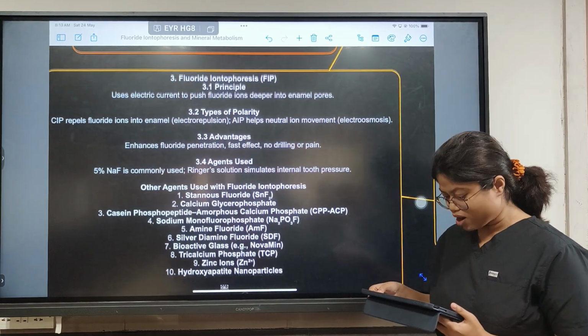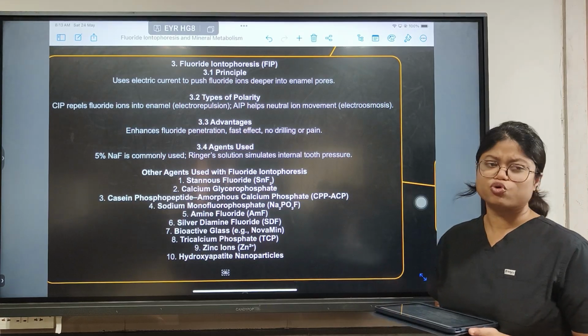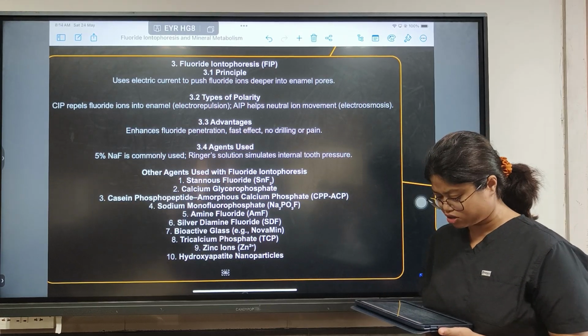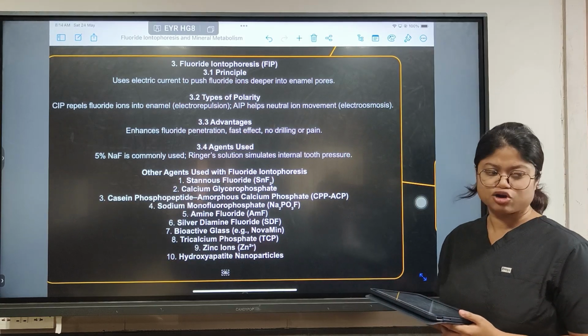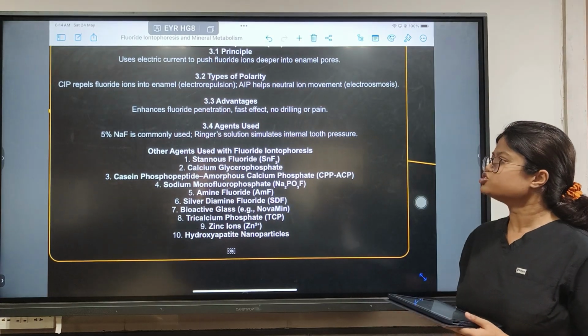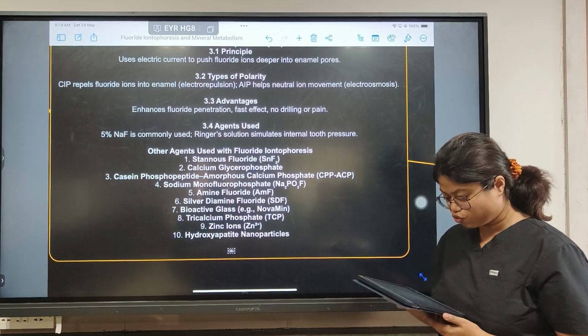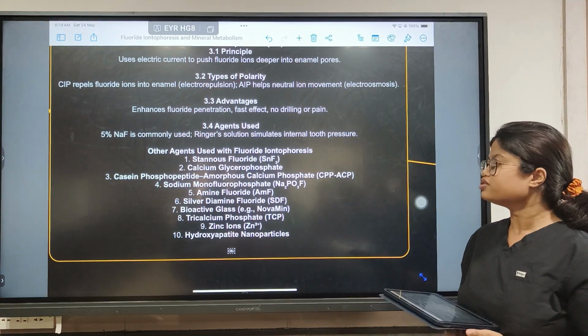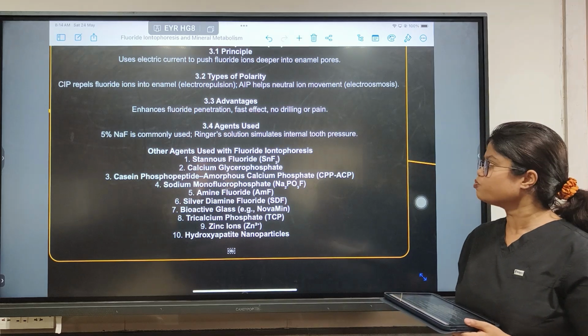So coming to the advantages of the technique, it enhances fluoride penetration in the teeth. It is fast, effective, and there is no drilling or pain. Mostly the agent used for this fluoride iontophoresis is sodium fluoride. Ringer's solution that will be placed on the negative terminal stimulates internal tooth pressure.